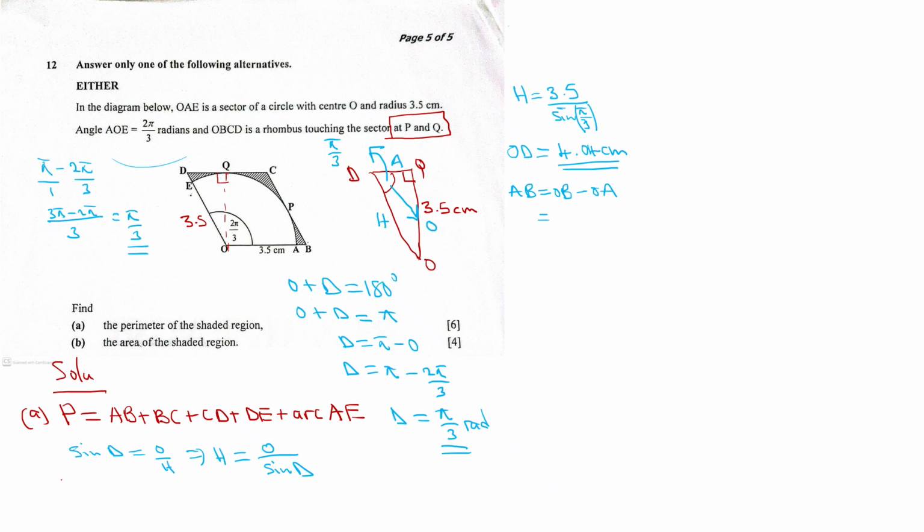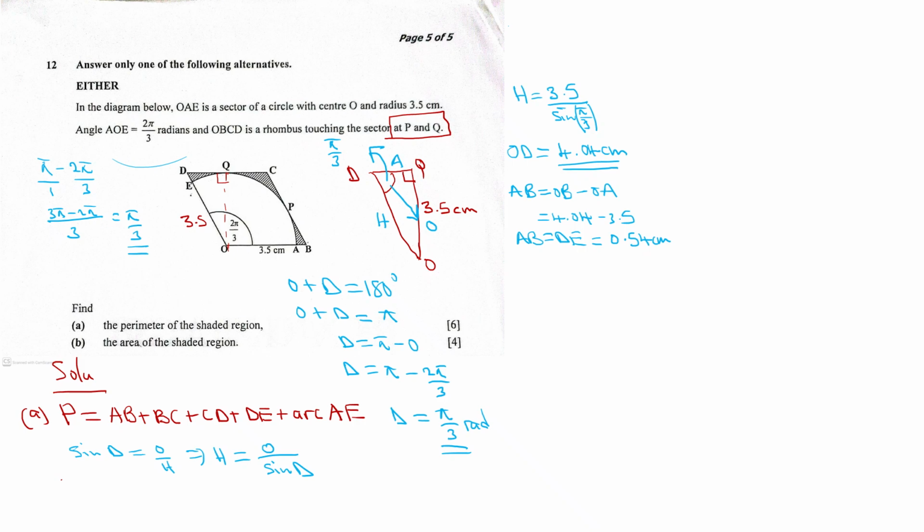So this will be 4.04 minus 3.5. When you subtract those two, you get 0.54 centimeters to 2 decimal places. That becomes our AB, which is the same as AD.